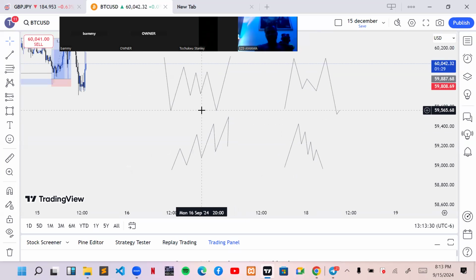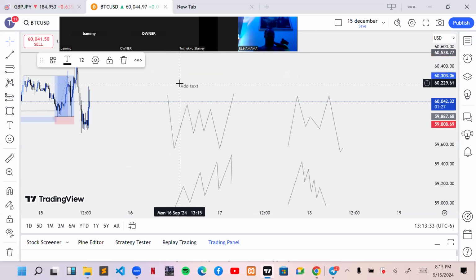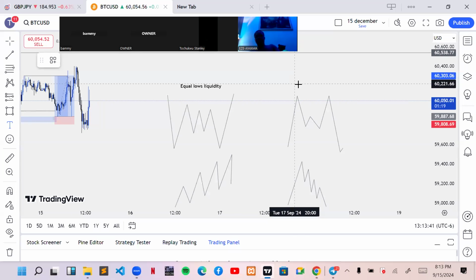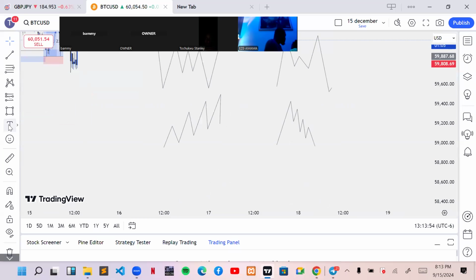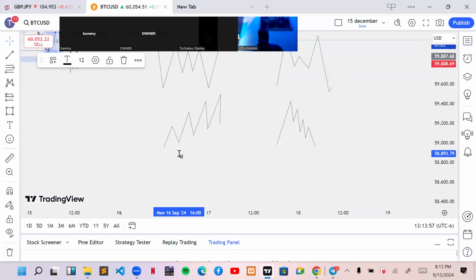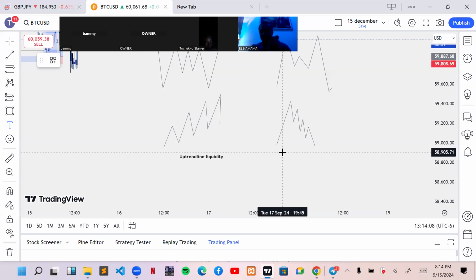So there's equal lows, there's equal highs liquidity, there's trend line liquidity, and then in trend line liquidity we have the uptrend line liquidity, and then a downtrend line liquidity.